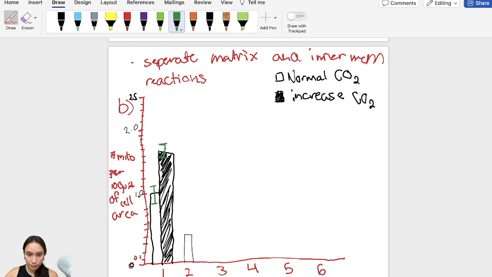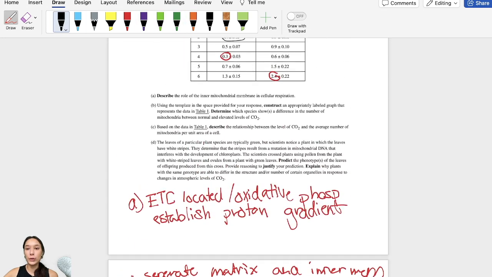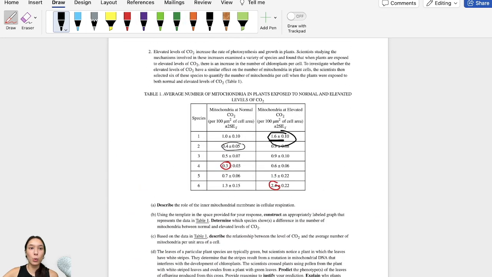Around like that. And then for increased CO2, it is 0.9 plus minus 0.08. Again, this is a hard number to quantify. They're not going to be super picky. As long as the error bars are there and they're the relatively right size, then you should be fine.